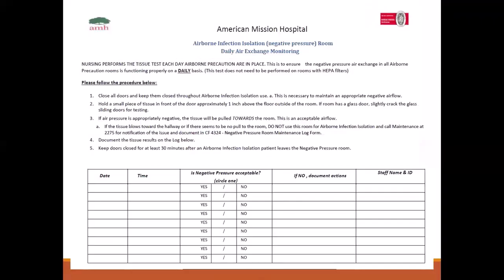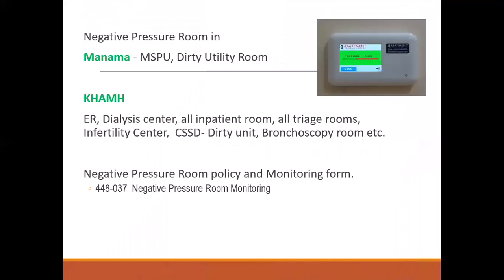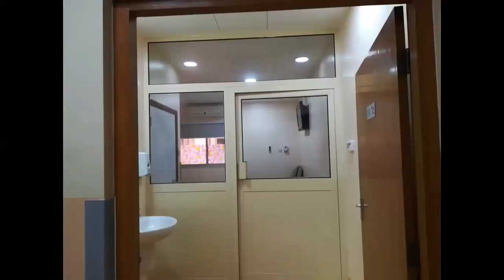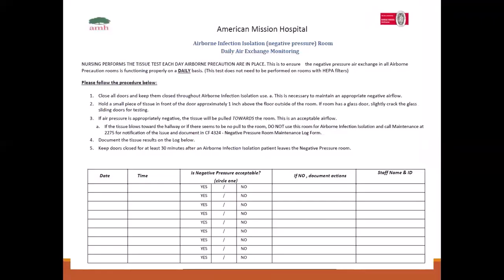And in KHM and MSPU, there is pressure monitoring in the room, and we have to record that. In each room there should be a checklist, and we have to maintain the recording and notify the maintenance department if you notice any defect. So what is the concept of negative pressure?